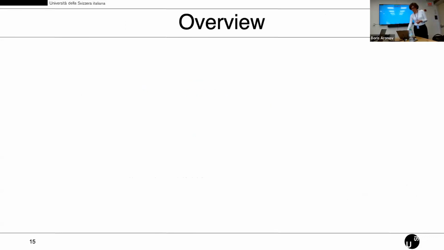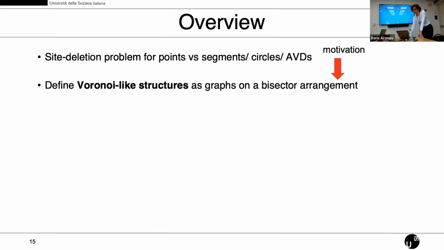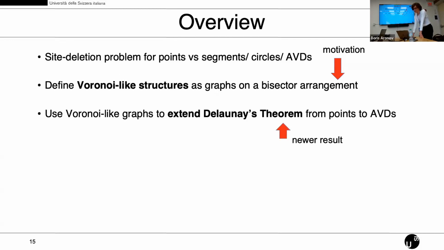So here is the overview of this talk. I'll talk about the problem of site deletion for points versus segments, disks, and AVDs. Then I'll define Voronoi-like structures, which are just graphs on a bisector arrangement. The site deletion problem actually motivated this definition of Voronoi-like structures. I'll use the Voronoi-like graphs to extend Delaunay's theorem from points to abstract Voronoi diagrams.